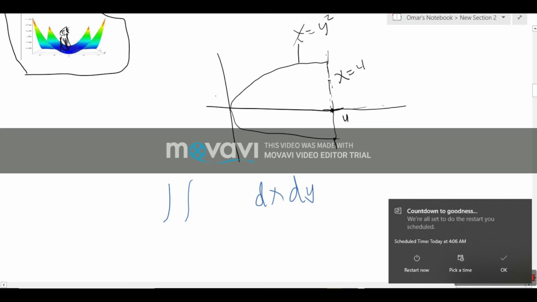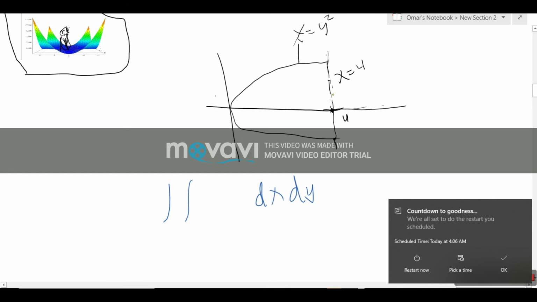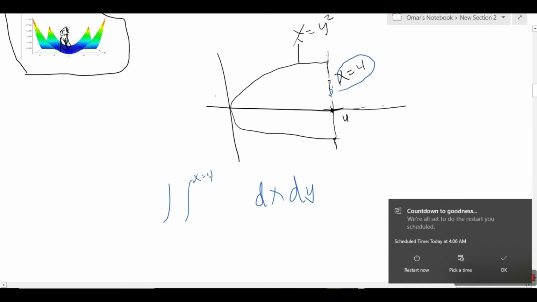Now the upper bound will be, it seems, the upper one, which is the one that goes toward the right, which is this one, x equal 4, and the lowest one is x equal y squared.